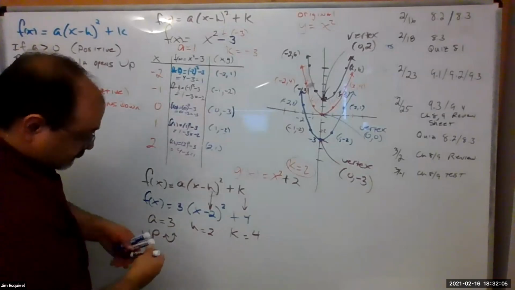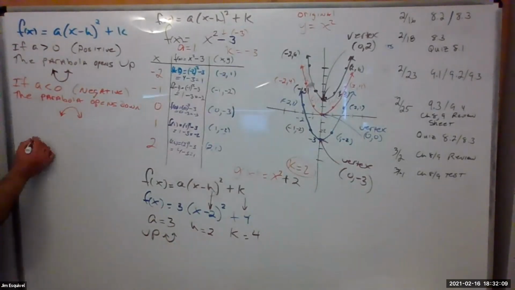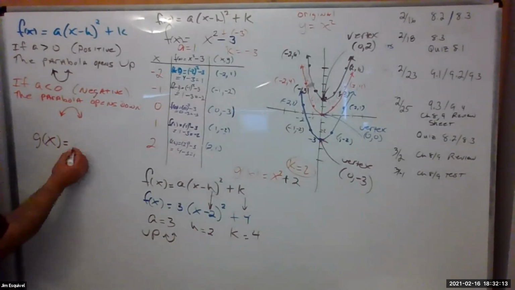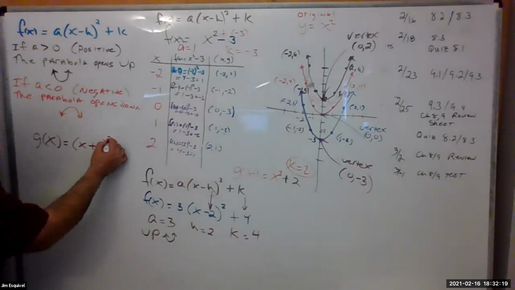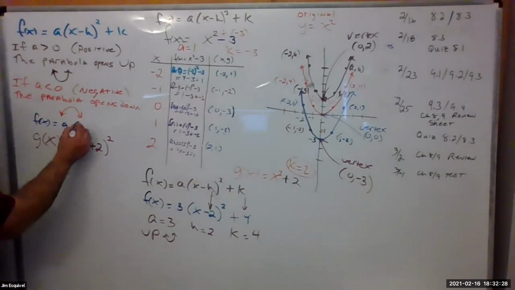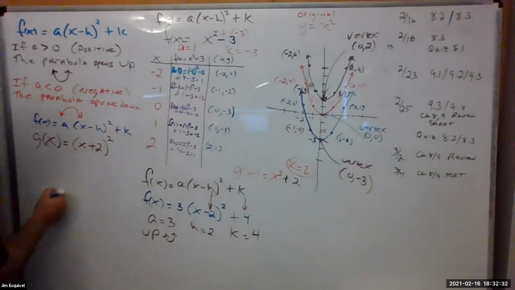So now here I'm going to change it. If I gave you g of x equals, I'm just going to make this x plus 2 squared. So here's the matchup. A times x minus h squared plus k.